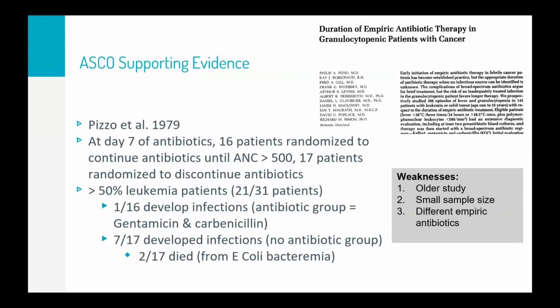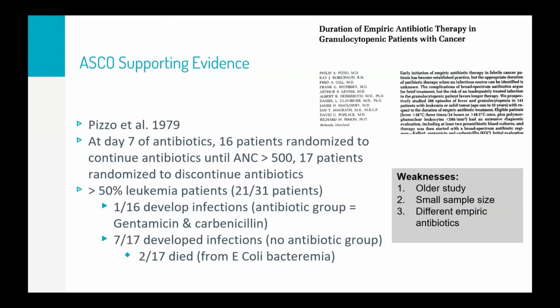The majority of patients were leukemia patients, and only 1 out of the 16 developed infection in the antibiotic group, where the antibiotics they used were gentamicin and carbenicillin. And 7 out of the 17 patients in the no antibiotic group developed infections, and 2 of those ended up dying from E. coli bacteremia.